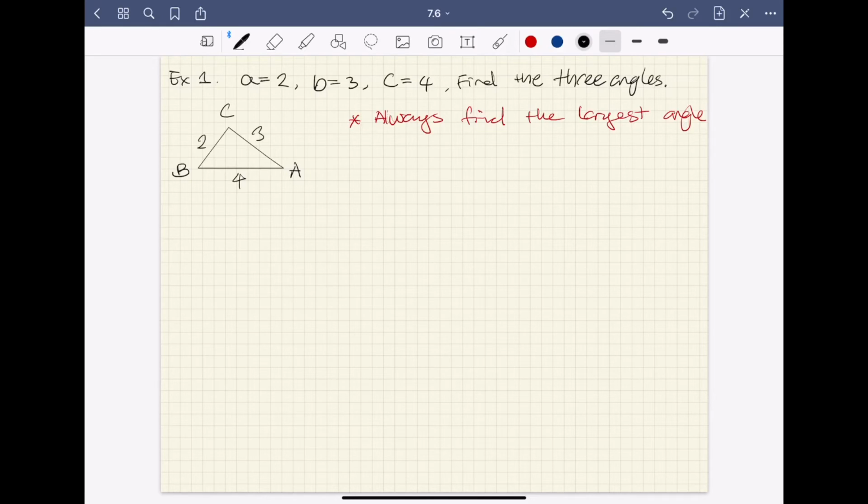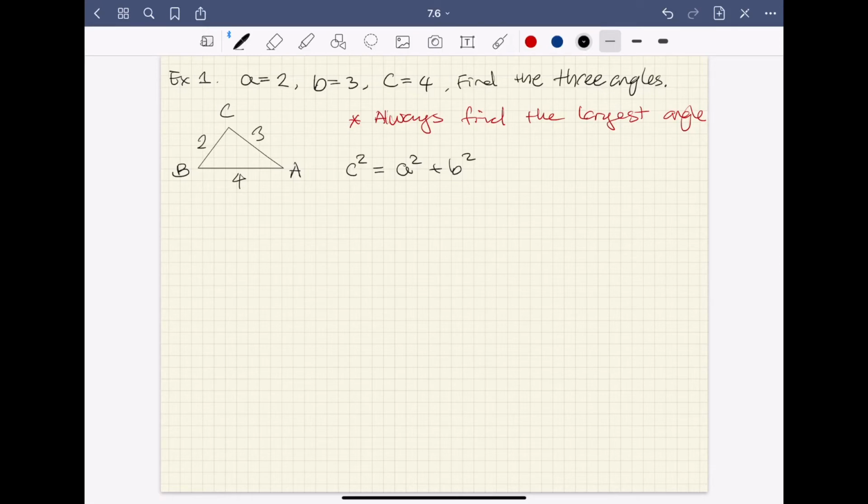Let's do this question first, looking for the largest angle, which is angle C. Okay, so we know that to find angle C, we can use the formula that contains cosine C. But I couldn't remember the cosine C formula, so I'll use the original formula first and then derive cosine C. So I know C squared is equal to A squared plus B squared.